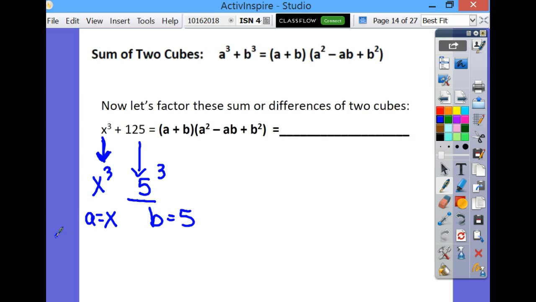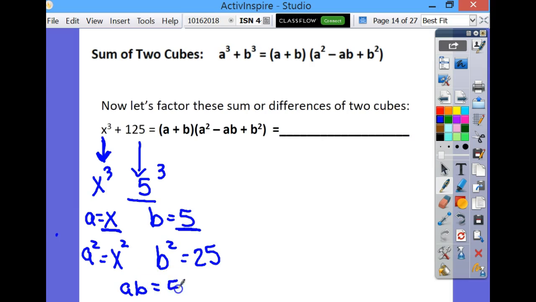Now, also in this formula, I have an A squared. If A is X, what's A squared? If B is 5, what is B squared? And the other thing I'm going to need for the formula is A times B multiplied together. When I multiply that together, I would have X times 5, but we don't write it in that order.